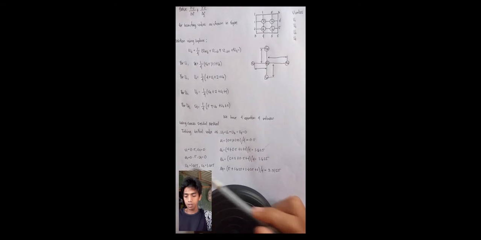And for u4, u2 is equals to 1.625 and u3 is 1.625. u4 is 5 plus 1.625 plus 1.625 plus 5 over 4 is equals to 3.3125.